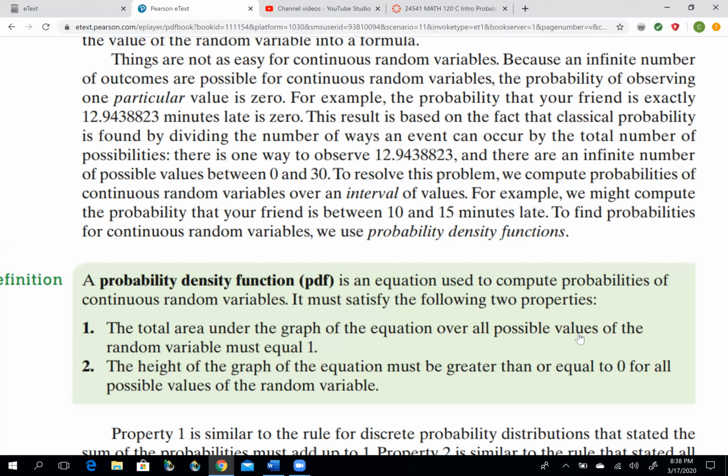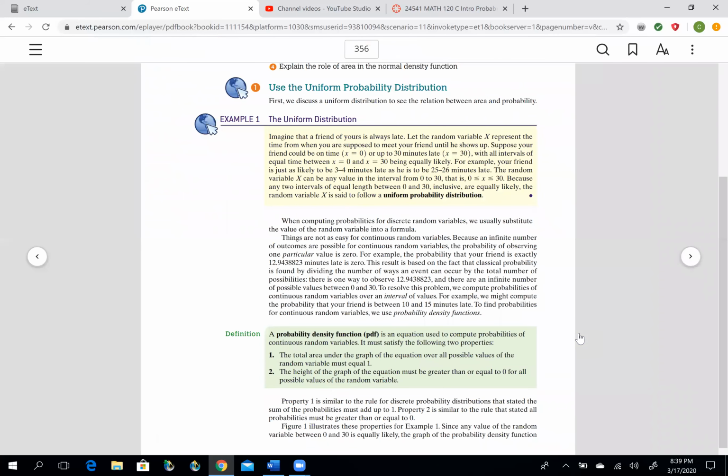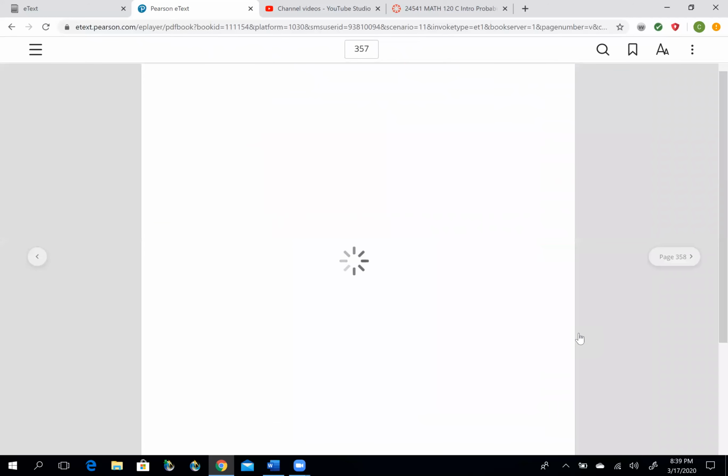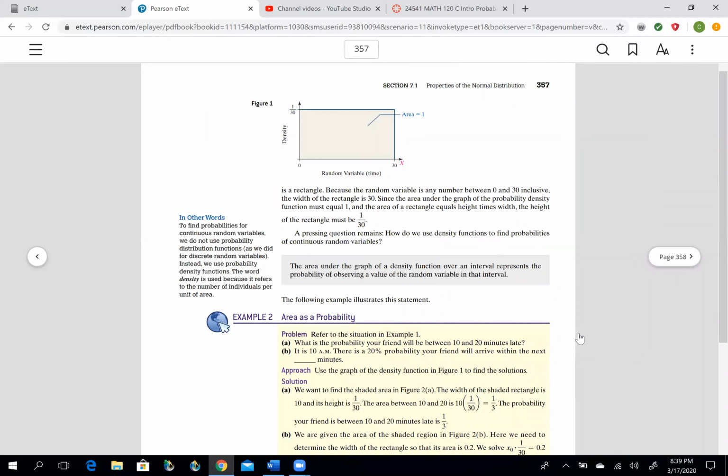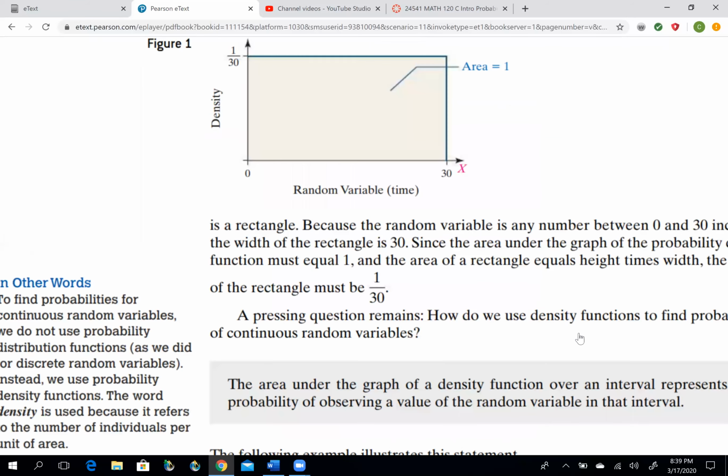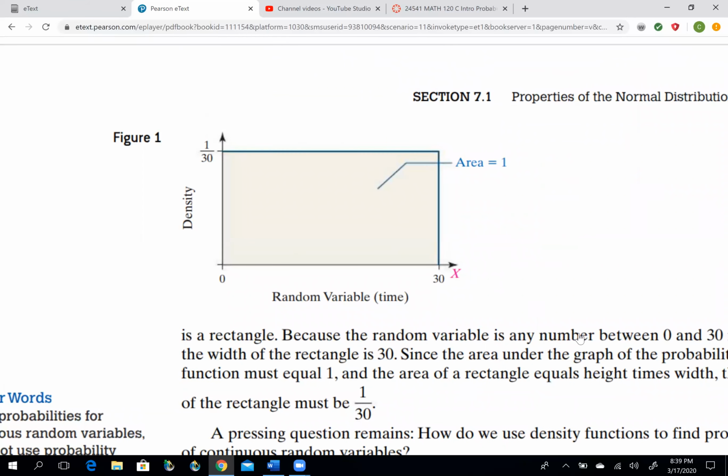Okay, guys, now you say, oh, Mr. G, I still don't get it. So let me make an example, because when I make an example, it makes more sense. Okay, guys, here we go. Again, from 0 to 30, the random variable is the time.